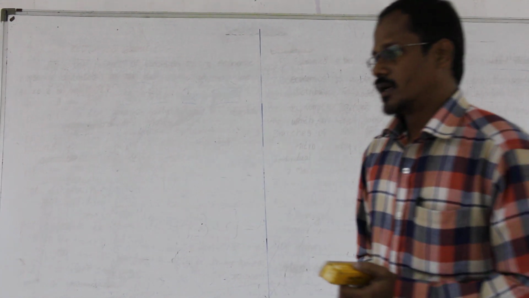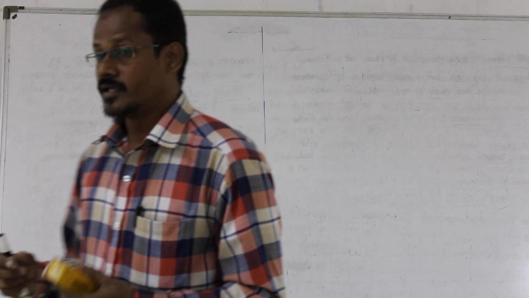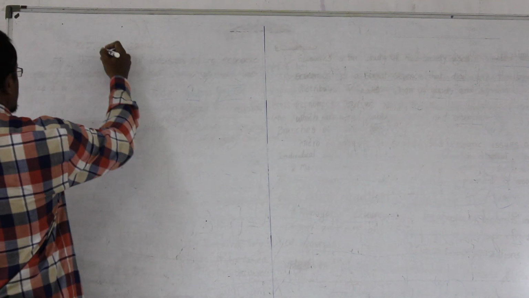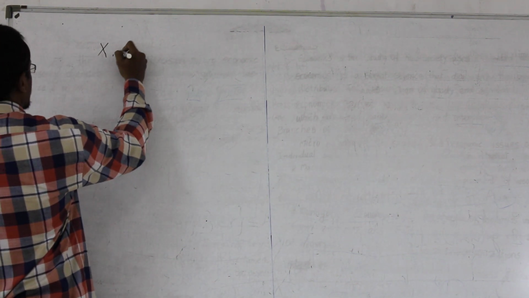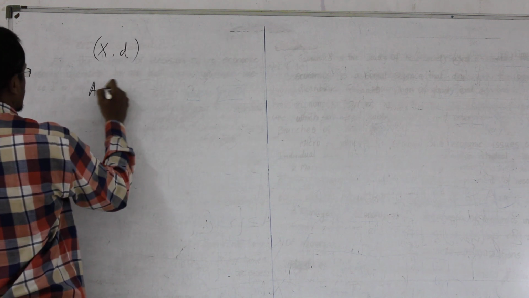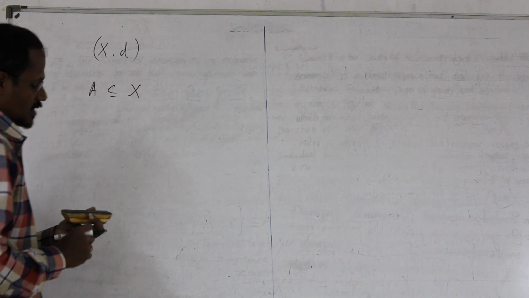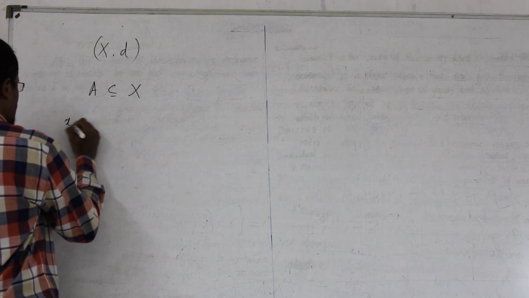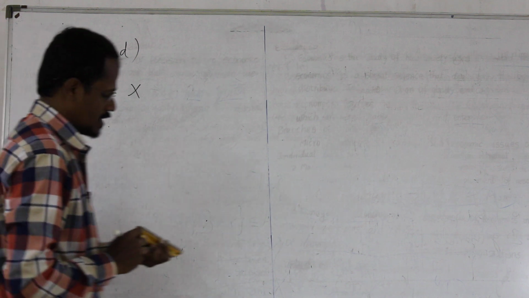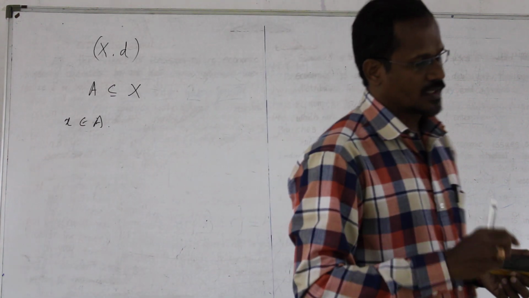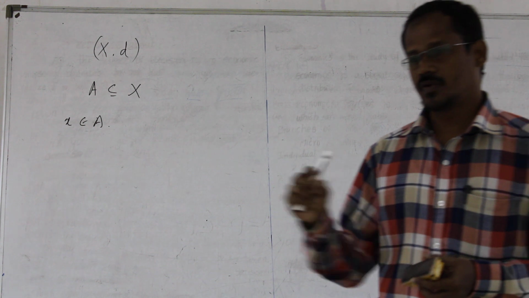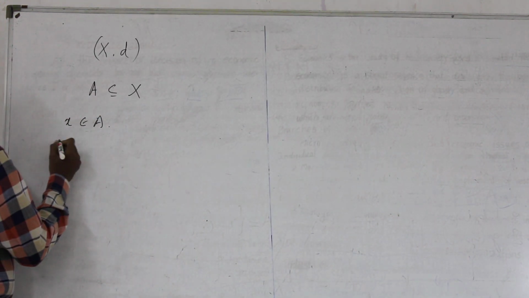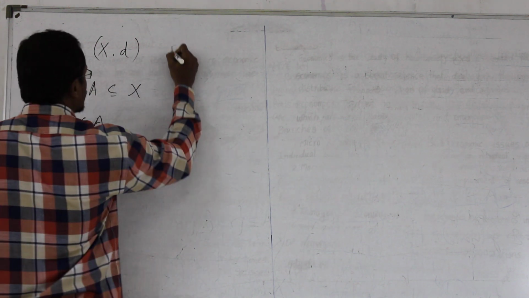How do we define an interior point of a set? Still we are dealing with only metric space. You take x comma d as a metric space and A any non-empty subset of x. You can then take a point x in A. With regard to this set and a point in that set, we are going to define what we mean by an interior point.